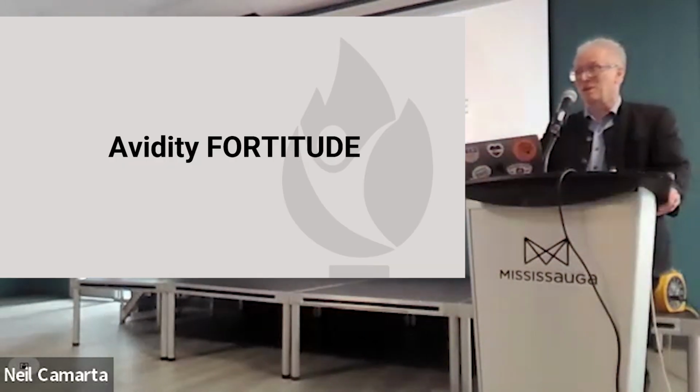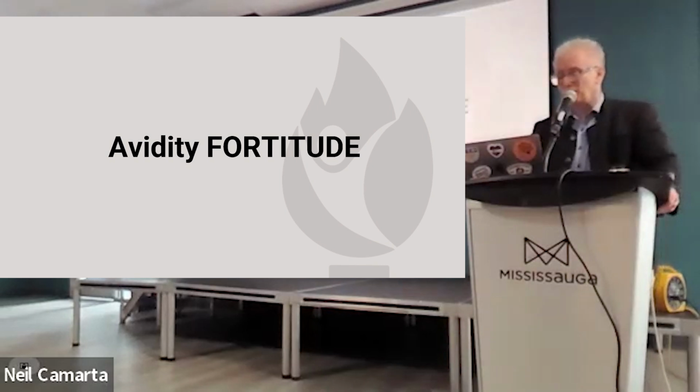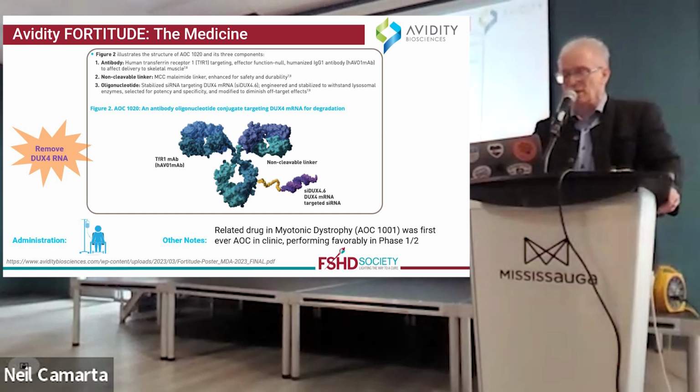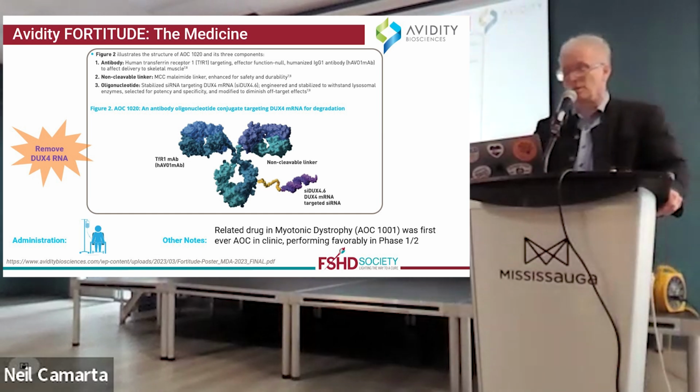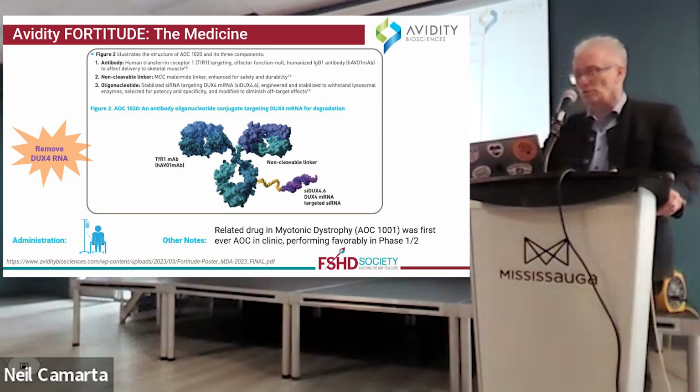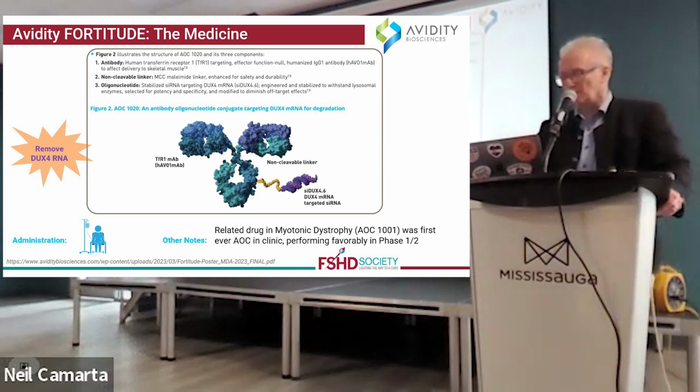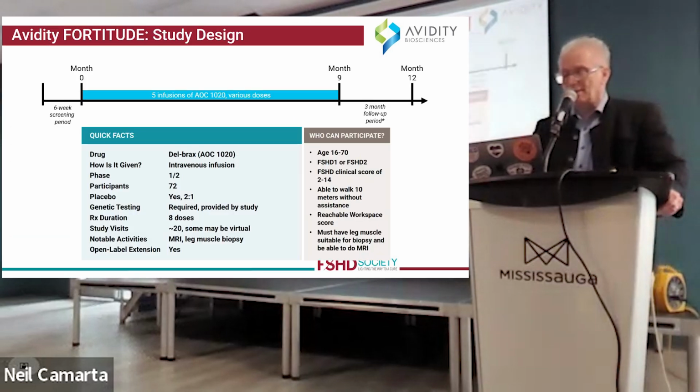So I'm going to give you very little information other than saying that this is a drug that we also run here in Canada, in Ottawa. It's a phase 2 trial at this point with an antisense oligonucleotide that targets DUX4.